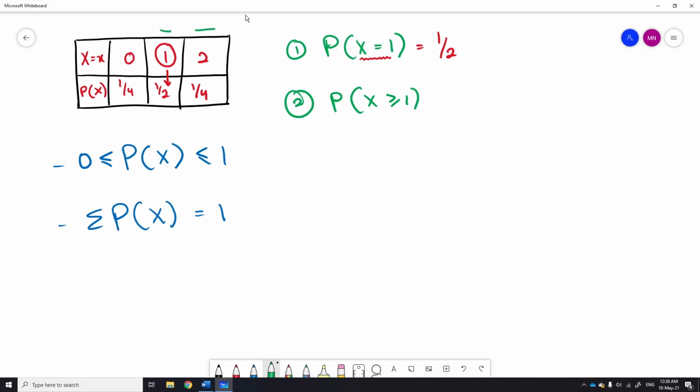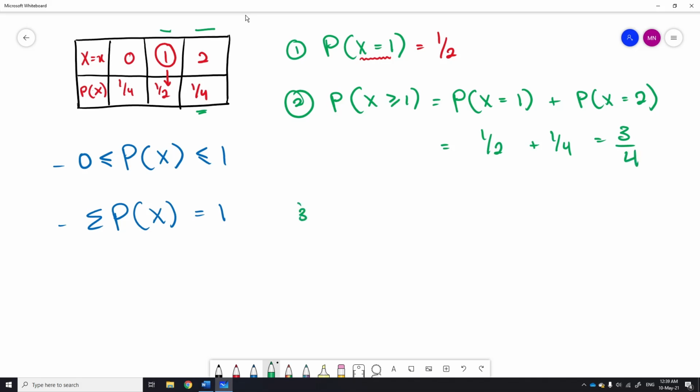So that is equal to probability of x equal to 1 plus probability of x equal to 2. Probability of x equal to 1 is 1 over 2 plus probability of x equal to 2 is 1 over 4. So our answer is 3 over 4.